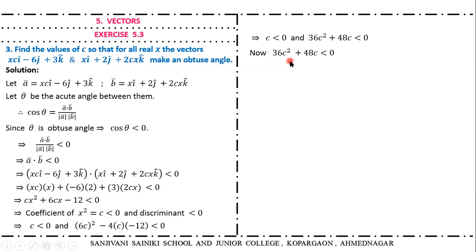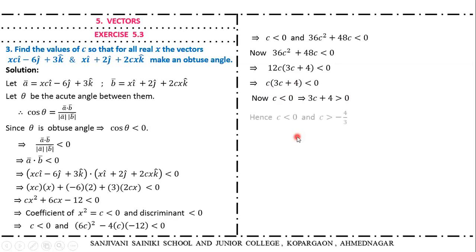So 36c square plus 48c is less than 0. We can take 12c common from this equation, then divide throughout by 12. We get c into 3c plus 4 is less than 0. Since we have already taken c less than 0, 3c plus 4 must be greater than 0, so that their product is negative.